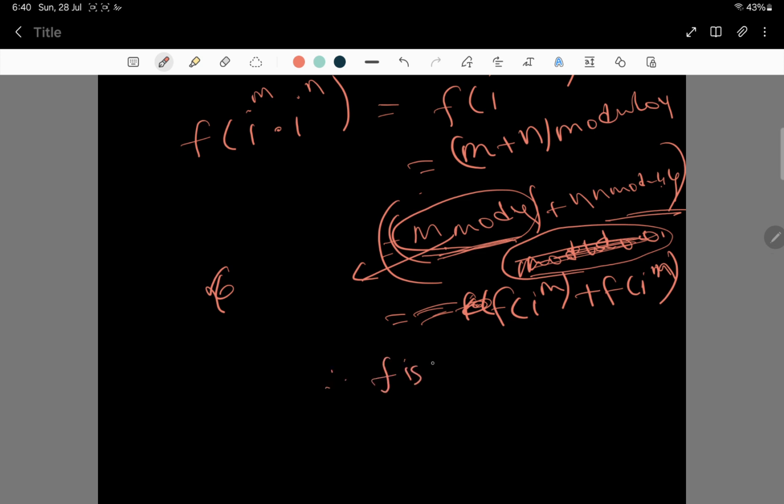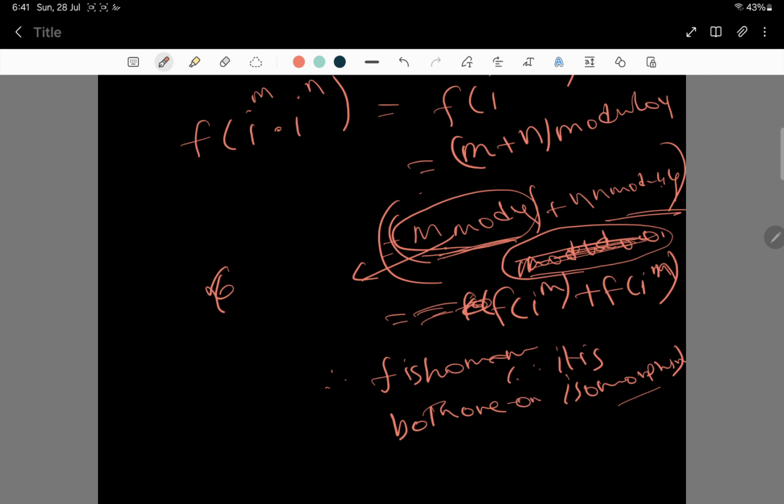Therefore f is a homomorphism. Therefore it is isomorphic, right? Because f is both one-one and onto also. We have proved that earlier.